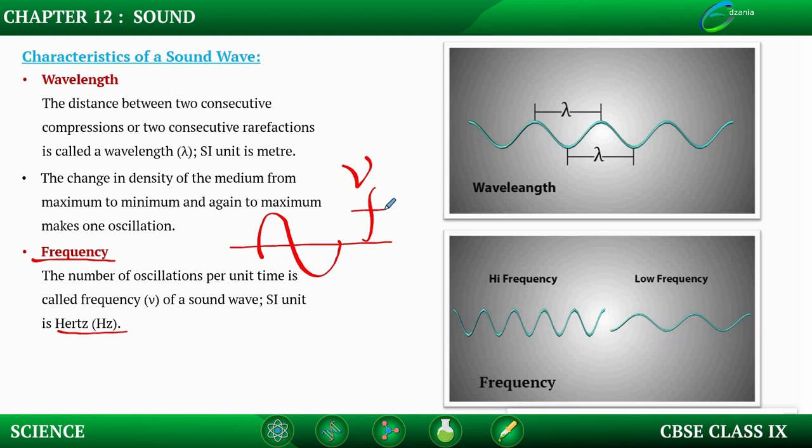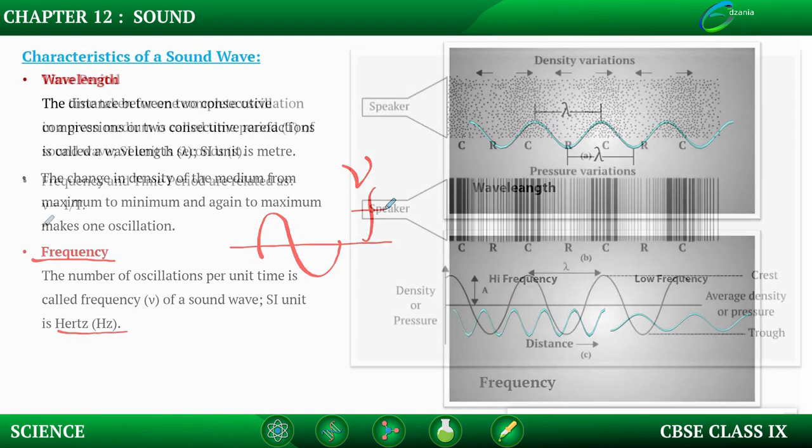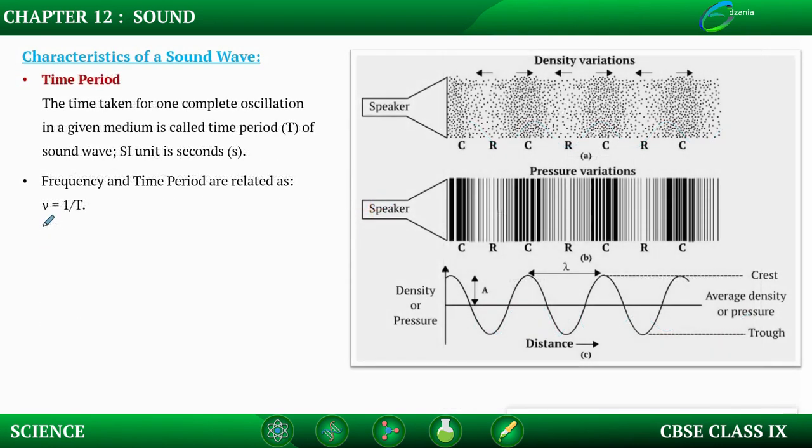Now we will try to define the time period of it. Time period is nothing but the time taken for one complete oscillation in a given medium. That will be the time period of sound wave, and its unit will be seconds. And simply you can relate time period and frequency as nu is equal to 1 upon T.